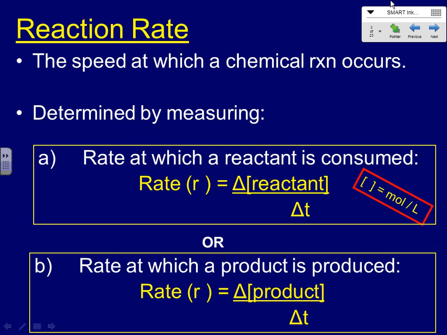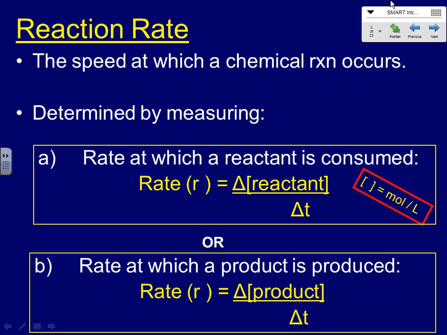I would have used it when talking about concentration of acids, right? The molar concentration of H3O+. So when you see the square brackets, and we're going to be seeing them a lot over the next 2 units, you need to be thinking moles per liter, all right? So that's a molar concentration.